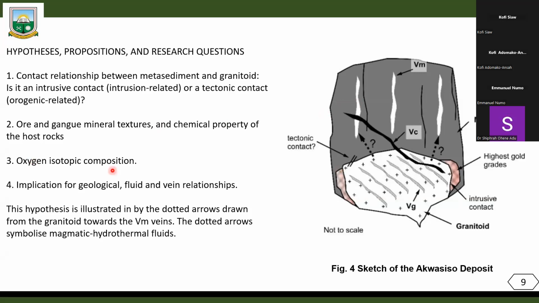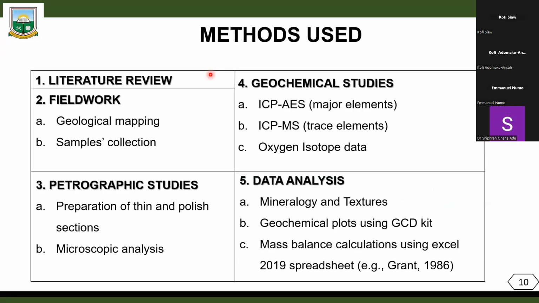With all of these, I will try to now establish the geological and fluid relationships. And these are the methods that were employed as we try to conclude on this project.